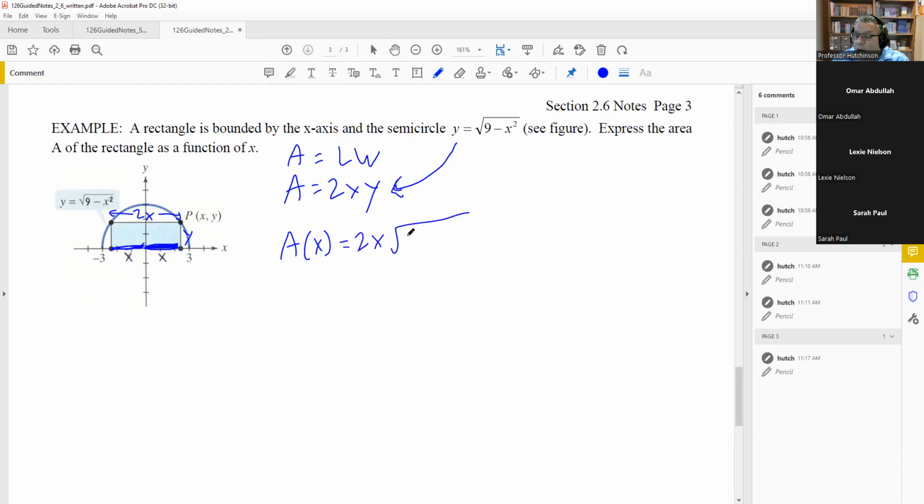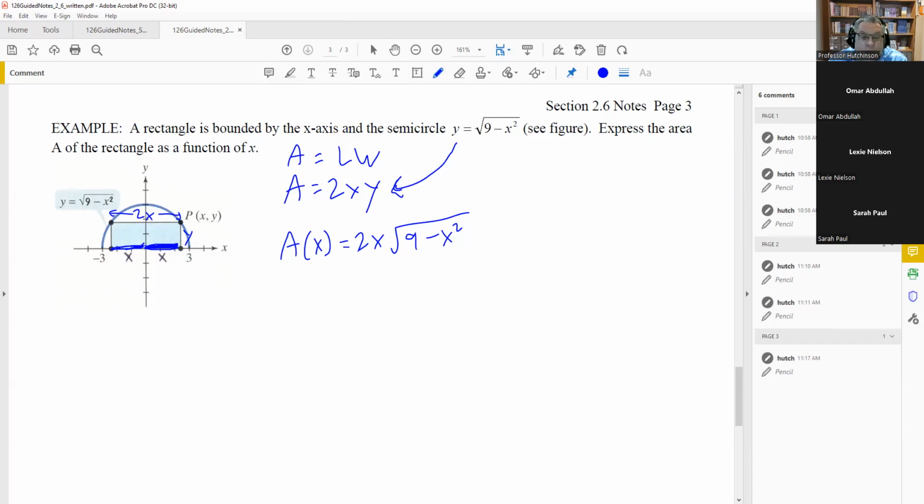You're going to remove the y and replace it with the square root of 9 minus x squared. So the y goes away, we put in the function, and now we have an equation that is all in terms of x. That was all that this question asked us to do, and that would be your final answer on that.